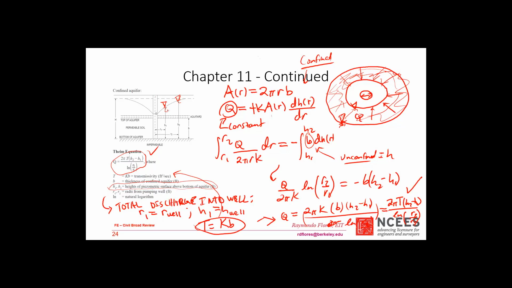Basically I forgot to define my Q region, but our Q region would be here in this case. I'm going to lean more on this side. But you have to understand that our limits of integration are still H1 and H2 because it has to do with the total head.